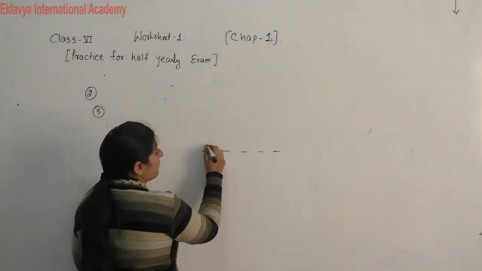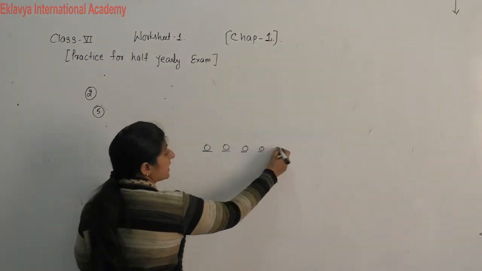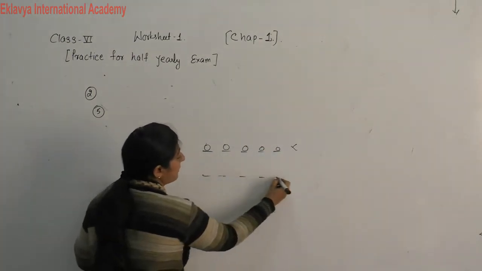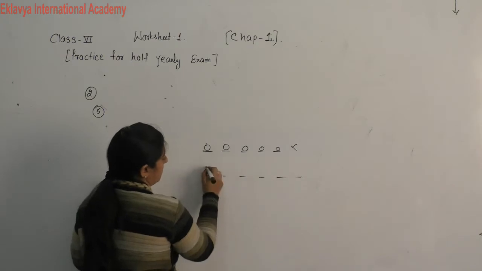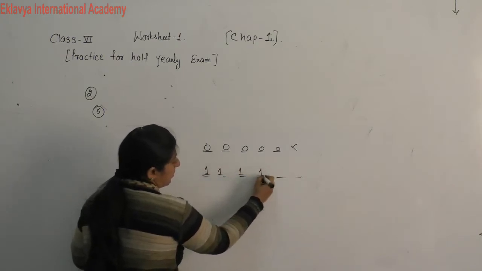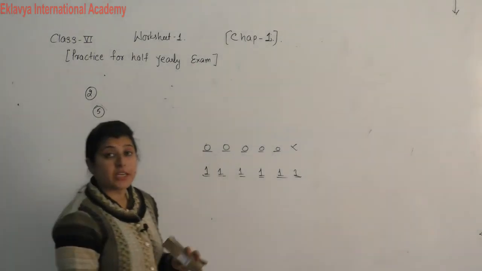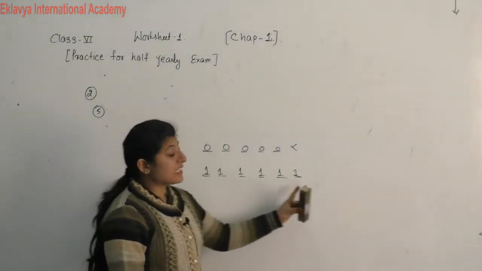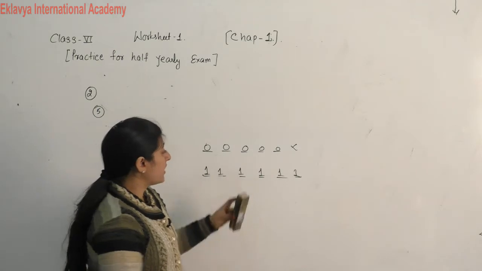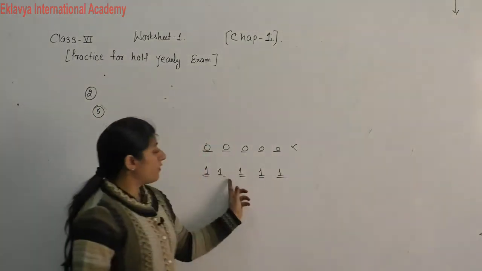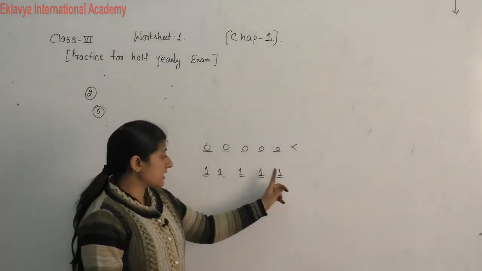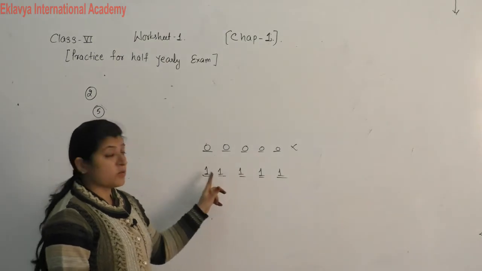If I write down 00000, then it is not a 5-digit number. So the smallest digit we can use is 1. Then the smallest 5-digit number using one digit, that is 111, sorry, this is a 6-digit number, 11111. Ones, tens, 100, 1000, 10,000.